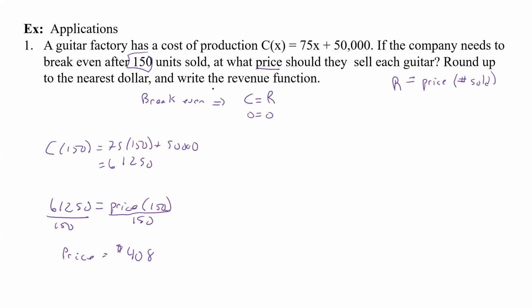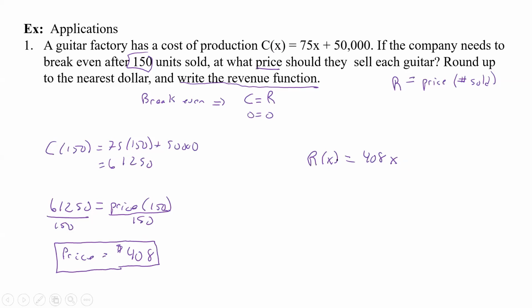And then we have to write the revenue function. So the revenue function is going to be some R of X, kind of like we had C of X here. And it's just going to be our price, 408, which we just found, times what? Well, times X. So depending on how many we sell is going to be our revenue function.